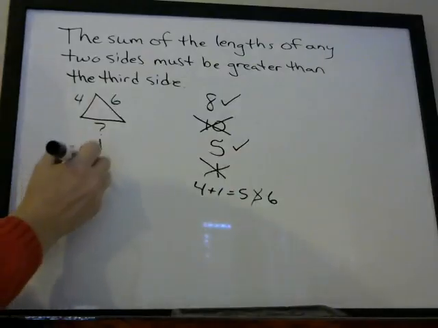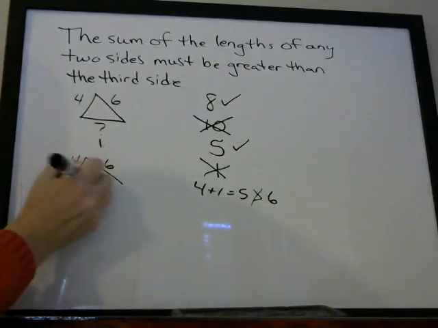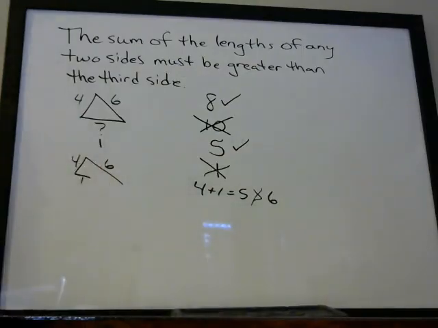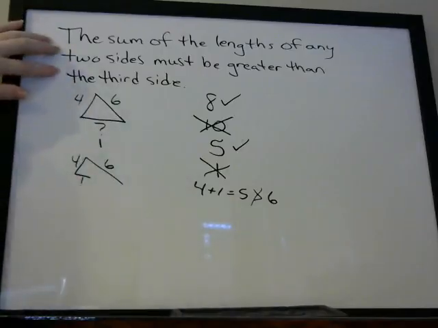Let me show you graphically what's happening here. You have 4, 6, and 1. The reason 1 is not a valid answer is because it won't be able to reach that other side. So that's what this theorem is all about.